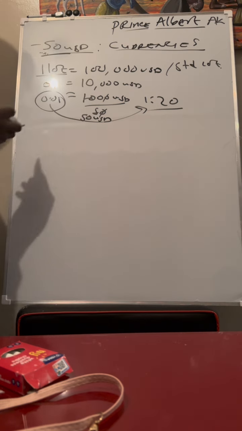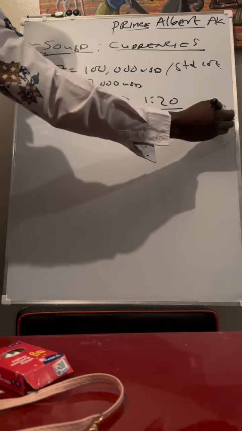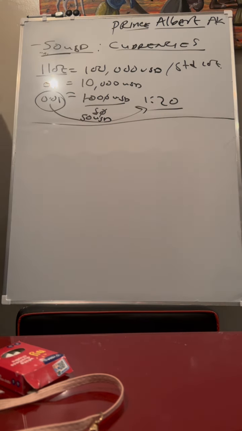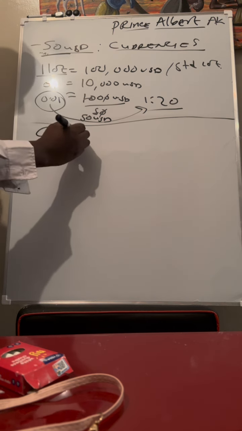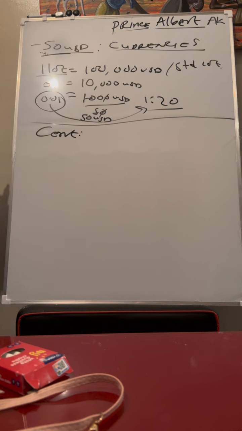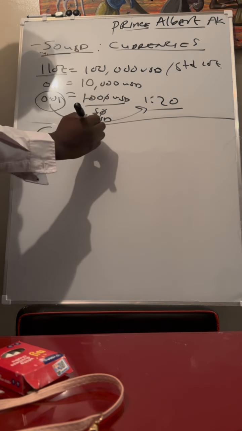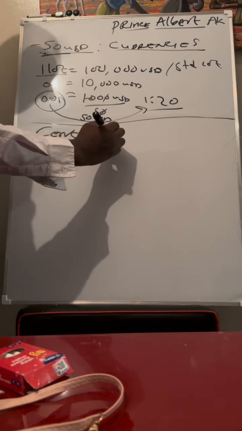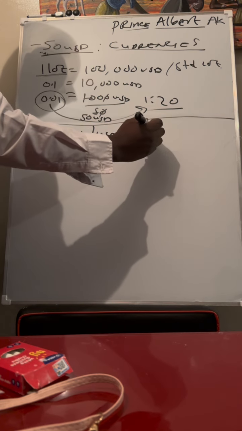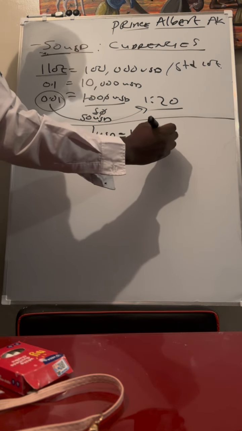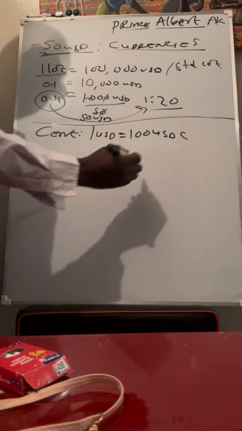So what are we going to do? We are going to trade something we call cent account. Why are we trading a cent account? 1 USD is equivalent to 100 USD cents.